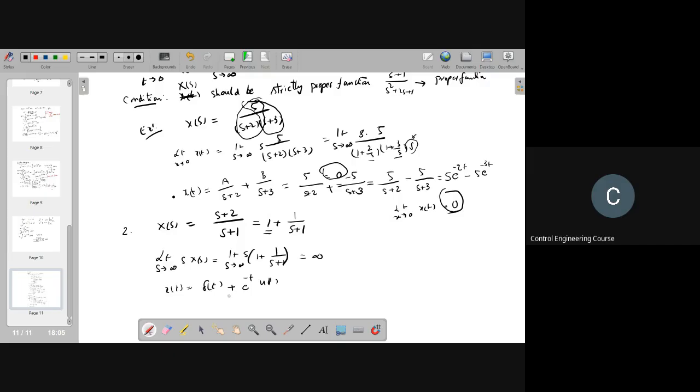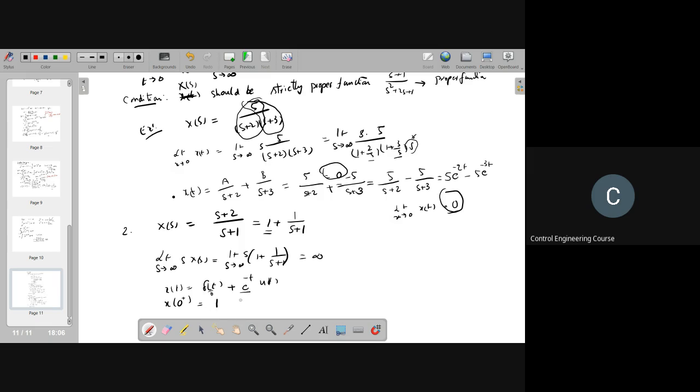Now, if you find the initial value for this function, I can say directly x of 0 plus. 0 plus means here the t value will be 0, e to the power of this, this is 1, right?